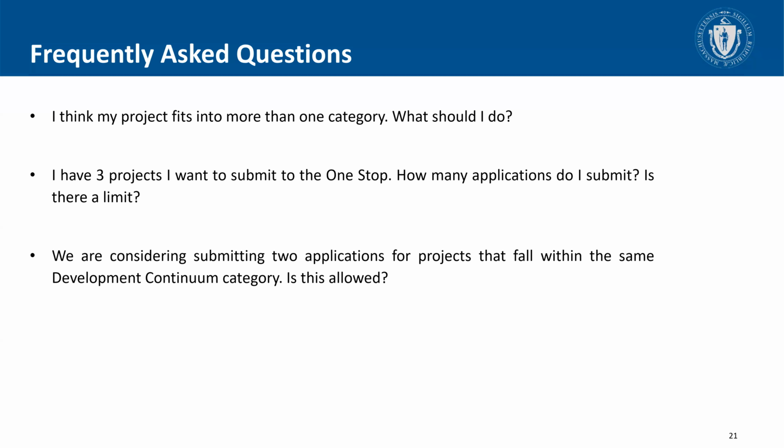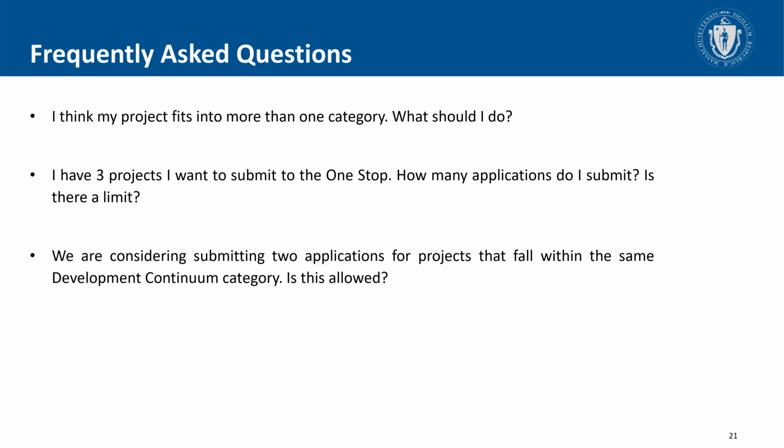It is only the full application stage where you're actually requesting funding and outlining the project plan, your timeline, budget, etc. And so if you go ahead, which you can, and let's say I'm going to pick two brownfields projects, you want to clean up a site for readiness, and you submit for two parts of your town and submit two applications, that's where you'll run into the situation where in the evaluation, there will be consideration given to the fact that you have more than one application, and they will be evaluated essentially against each other.